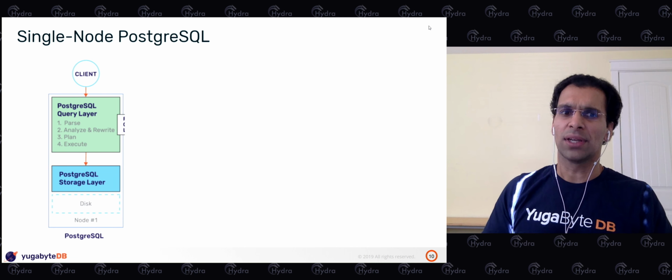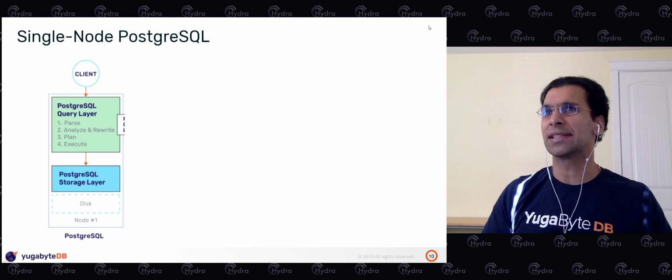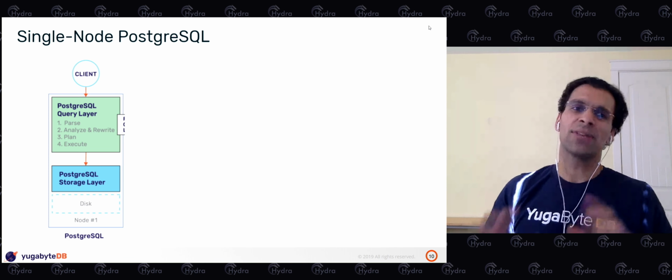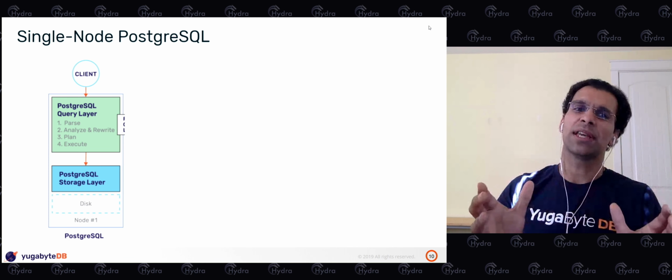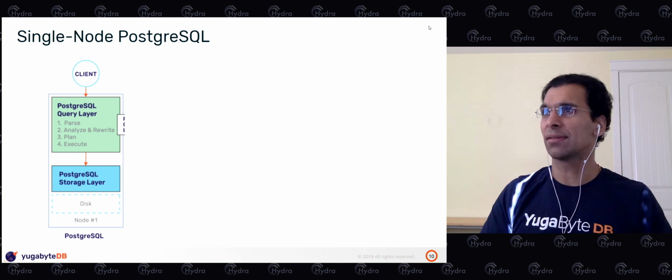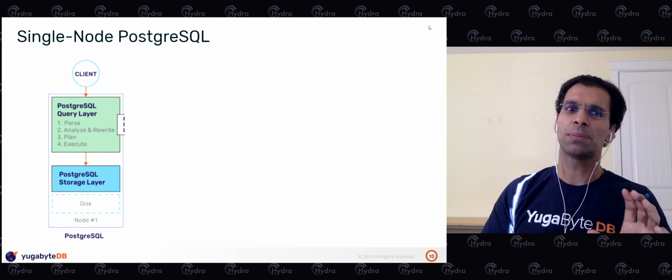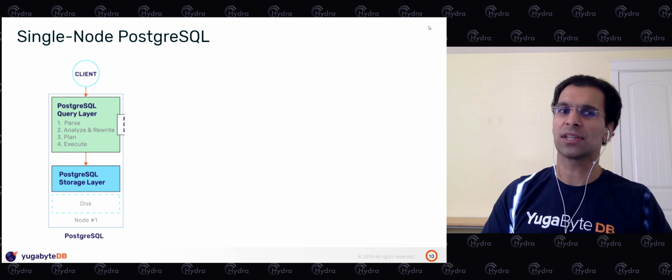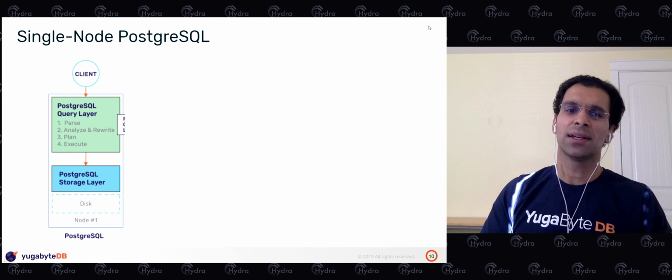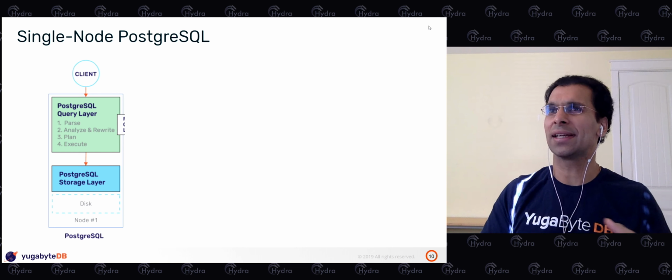If you want to think about our approach to building this database, you can think of it as we started with a single-node PostgreSQL code base. At a high level, you can split this code base into two parts. The upper part is the PostgreSQL query layer, which has the postmaster and then parsing, analyzing, rewriting, planning, and executing the query.